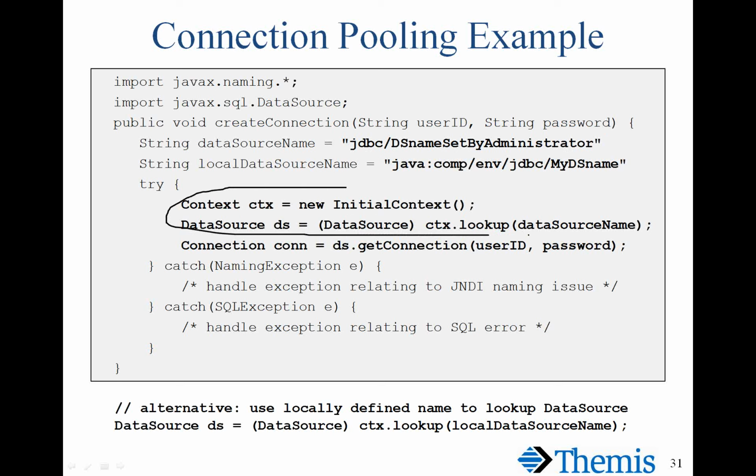So this would replace the loading of a driver, and instead gives us a reference to a data source, DS, which is then used to get the connection. And at that point, you use the connection just like you had in the prior examples.